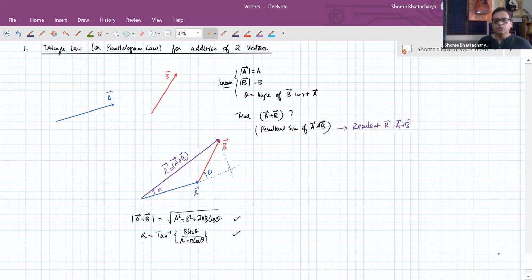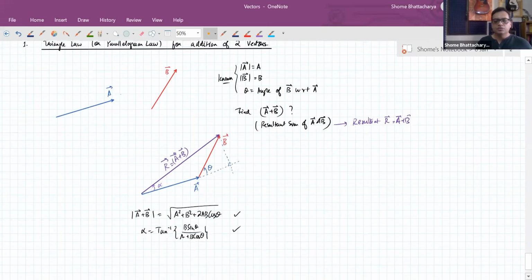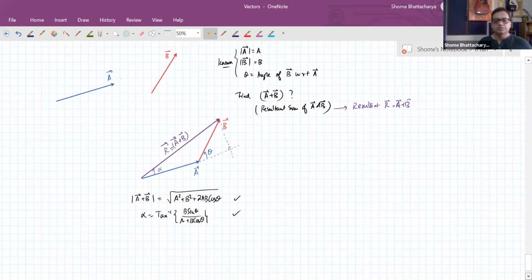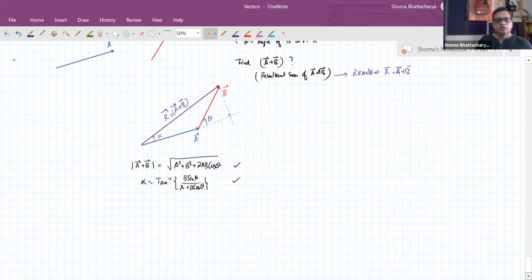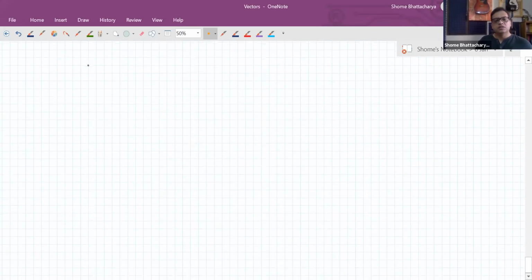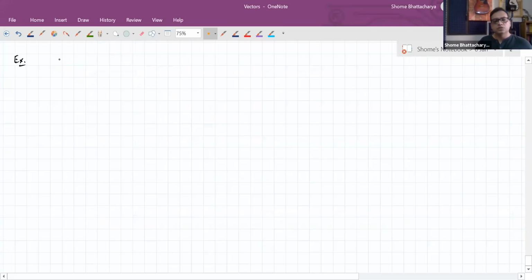So let's look at some quick examples of the application of this. We can start with something quite straightforward. Suppose the magnitude of one vector is, let us say, 20 units. The magnitude of another vector is, let us say, 15 units.